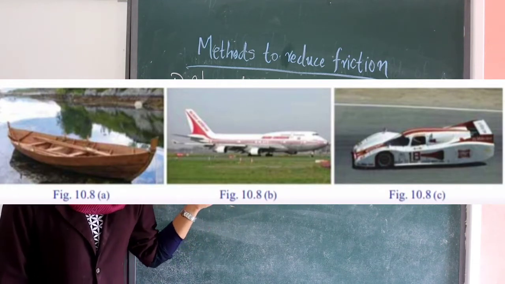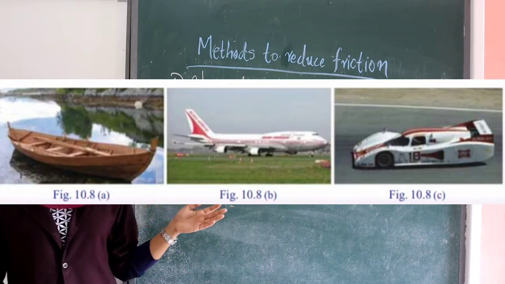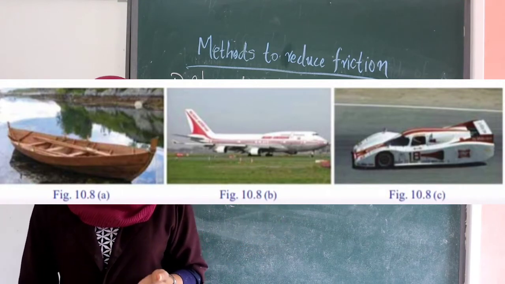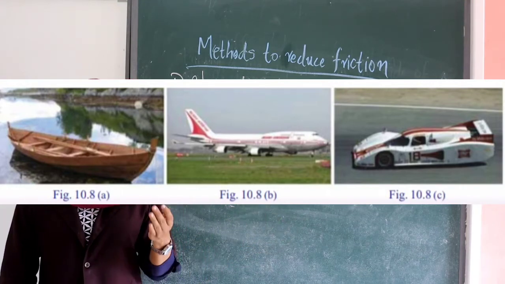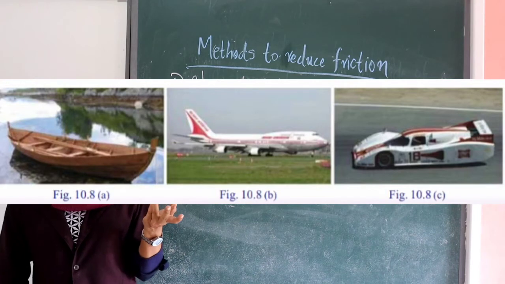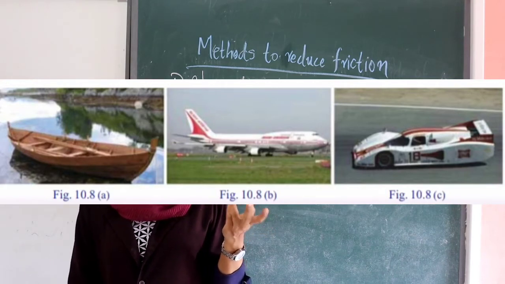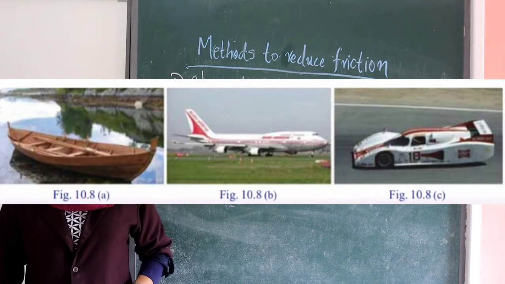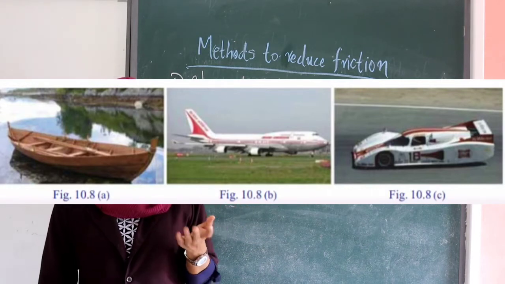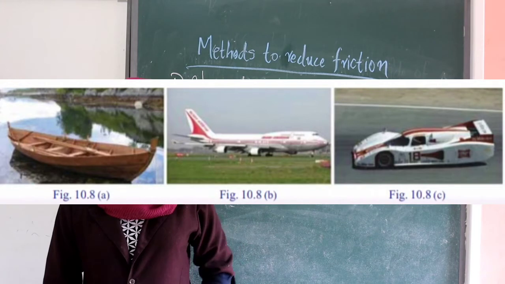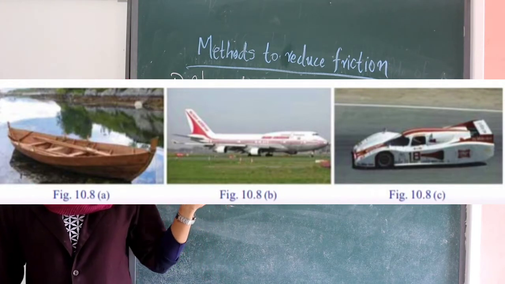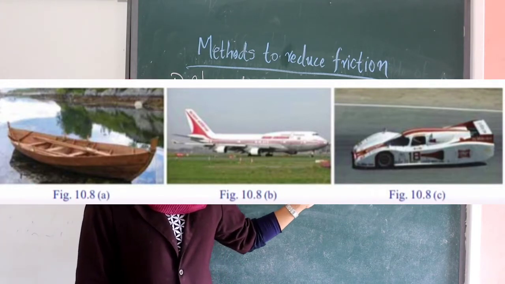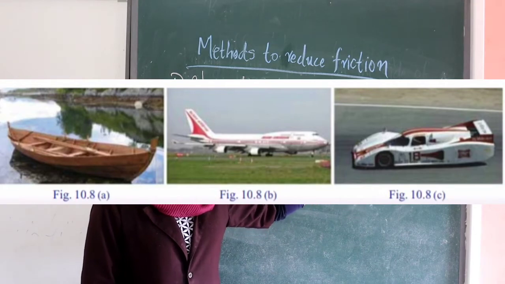When these vehicles travel through air, on road, or in water, wherever they travel, there occurs friction. For reducing the friction, these vehicles have been designed in a particular manner.